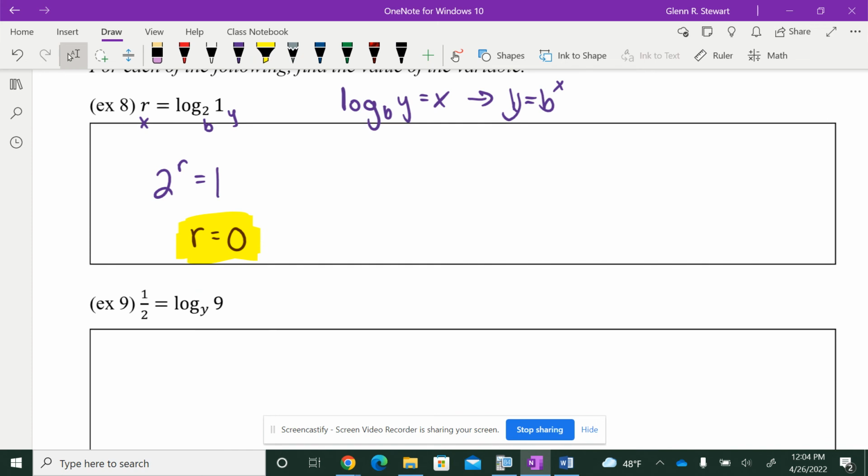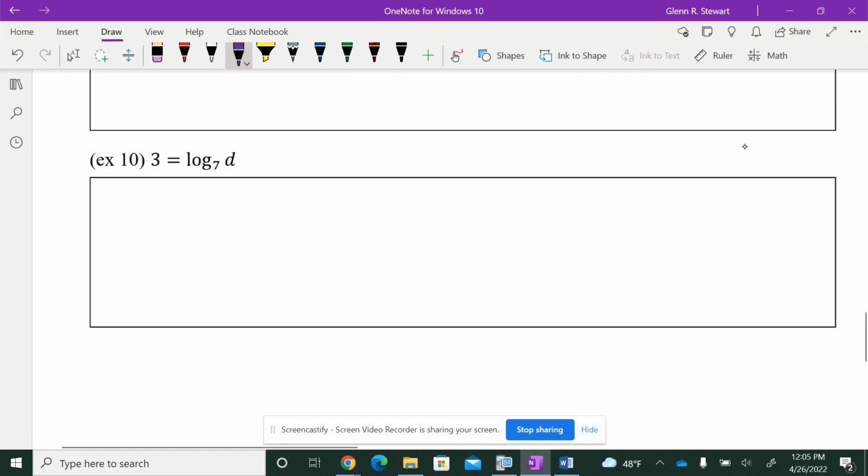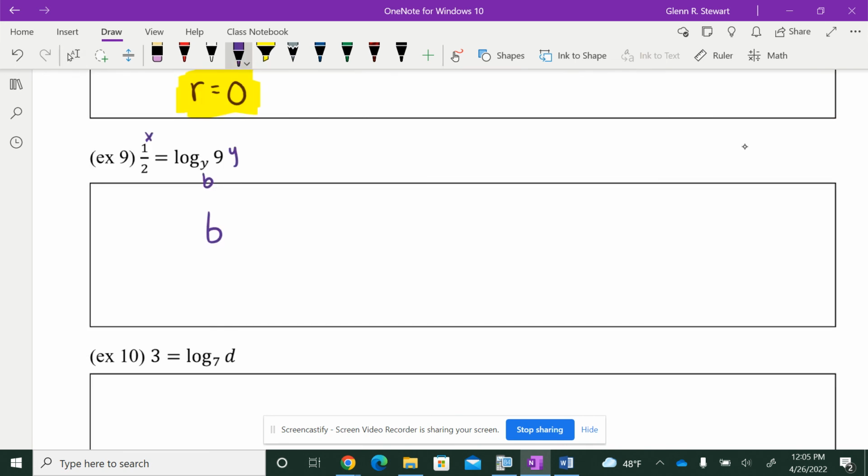So now looking at example 9, again, for the sake of our lesson, I'm just labeling everything. You do not have to. It's not a requirement, but it is a nice feature. So we'll have b to the 1/2 is equal to 9.